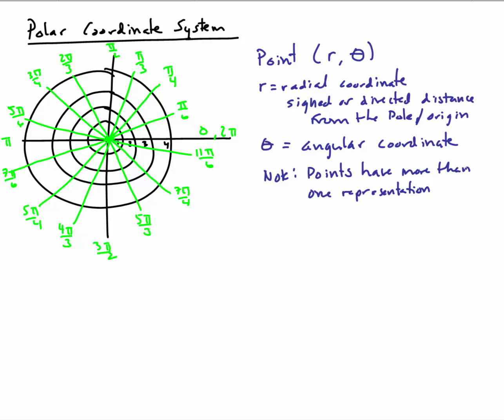In the rectangular plane or the Cartesian plane, those words are used interchangeably. If I talk about the ordered pair 2, 1, that's the only way that I can describe 2, 1 in the Cartesian or the rectangular coordinate system. So in the polar system, I can use more than one way to describe a point. So to kind of show what that is, let's go ahead and look at some points.